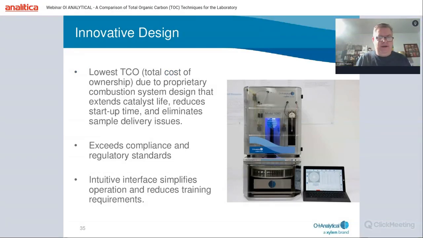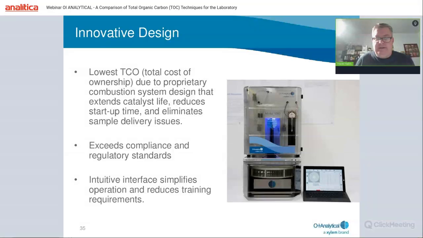So with our 1080, this is our combustion-only analyzer. You look at total cost of ownership with our proprietary design. It extends catalyst life with the catalyst guard I mentioned. It reduces startup time and eliminates sample delivery issues.